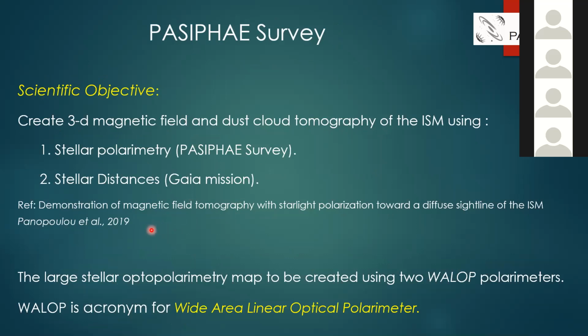A demonstration of how to carry out this tomography has been presented by Pelgrims in her paper in 2019, so anybody interested can look into that paper. The PASIPHAE survey is trying to create this map using two dedicated polarimeters called WALOP. WALOP is an acronym for Wide Area Linear Optical Polarimeter.